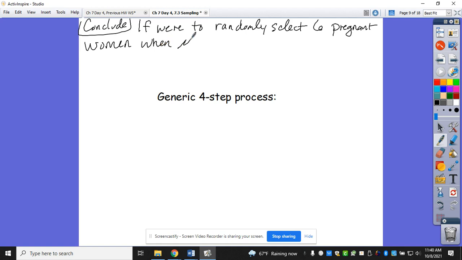The mean of... And technically it's also, but if you do this part, I'm not going to count off if you don't do that part. Then the probability of getting a sample.